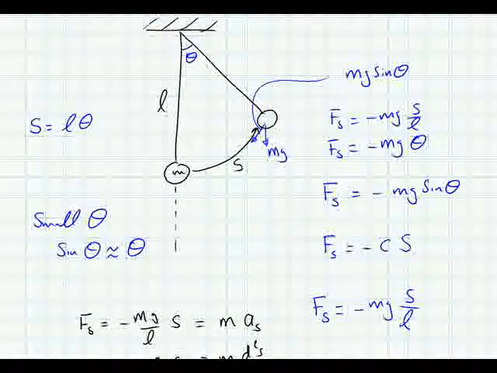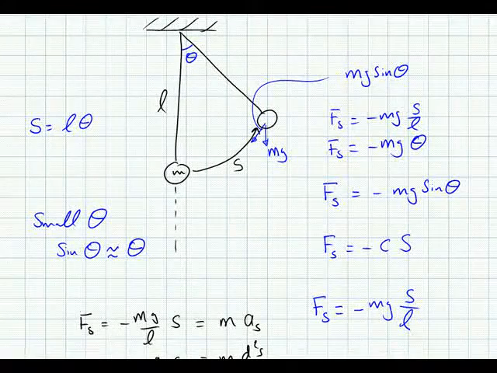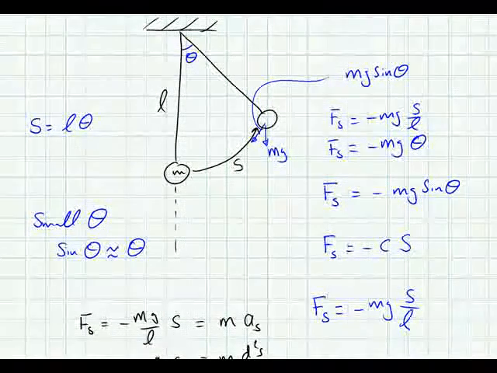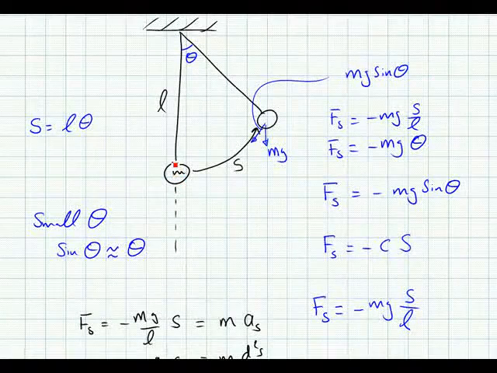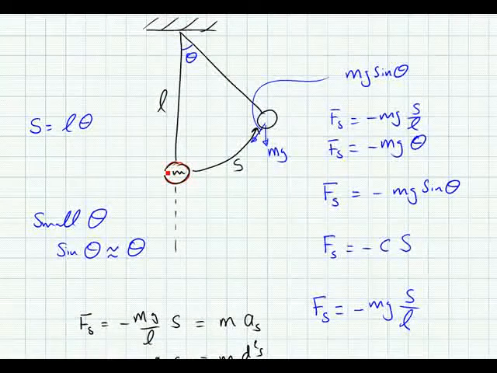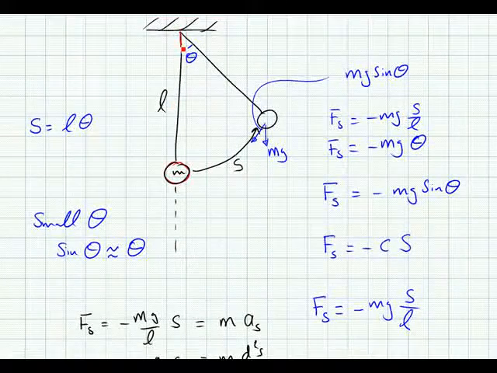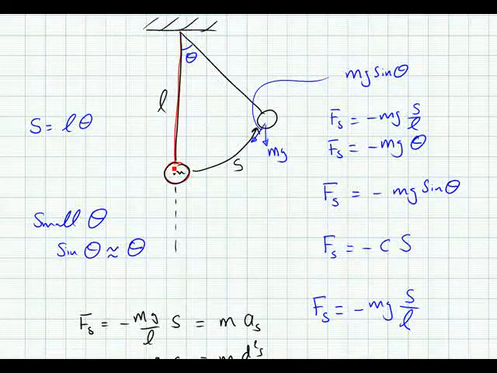An example of a system not involving a spring but where a restoring force is at work is of course a pendulum. Pendulum given by mass m, the mass of the bob is m, the length of the pendulum is L, let's say.